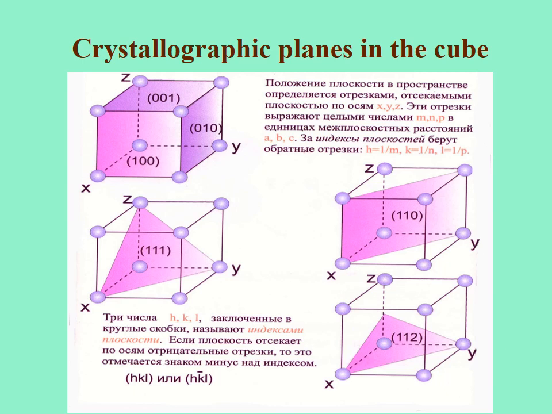Thus, the symbols of the coordinate planes, regardless of the angles between the axes, will always be X, O, Y: 0, 0, 1; Y, O, Z: 1, 0, 0; and X, O, Z: 0, 1, 0.